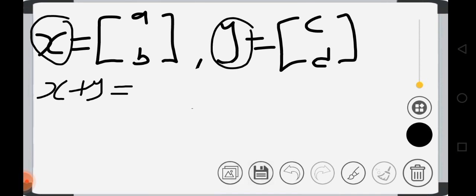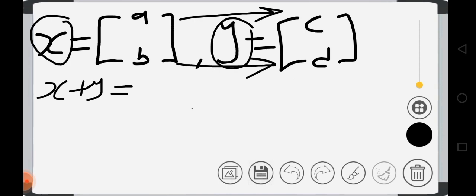You add the top to the top side and the down to the downside, because this is a vector in a plane, since it's two dimensional. So we can call the upper side the i-axis, while the downside can be called the j-axis as well. Also take note of that.